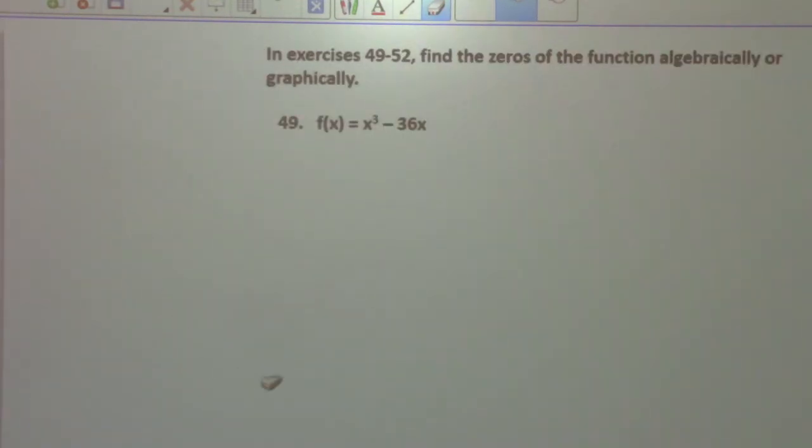Okay, we have 49 through 52. Find the zeros algebraically or graphically. What I recommend on these is trying algebraically first, see if you can do that. If not, as a final resort, we can use graphically.